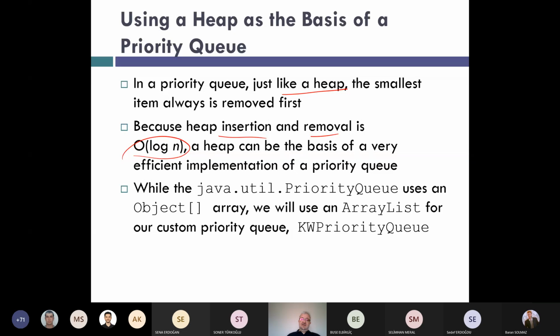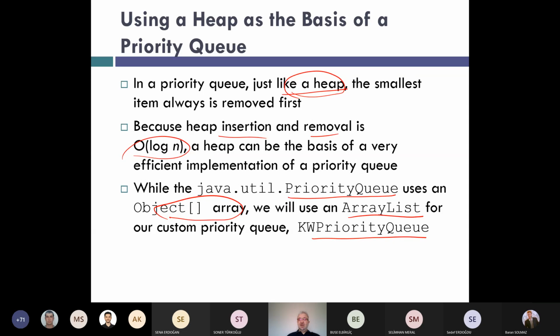In Java, we have a priority queue, as I said. It keeps an array of objects as an internal representation to implement the heap structure. But in our textbook, the heap structure is implemented using an array list in the priority queue.